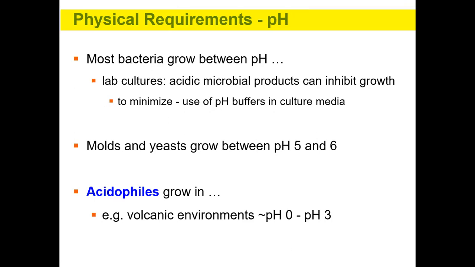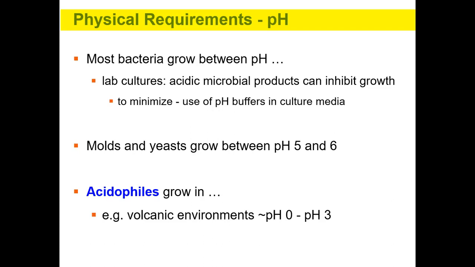Acidophiles are bacteria that grow in acidic environments, low in pH. So most organisms grow between 6.5 and 7.5 as their optimal, but there are some which grow at very low pH, like a volcanic environment where the pH is between 0 and 3.